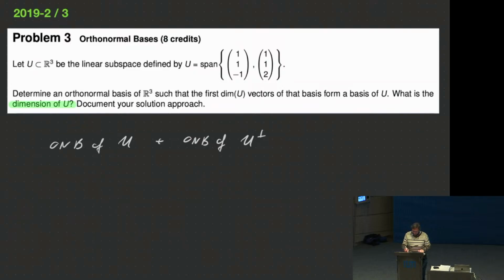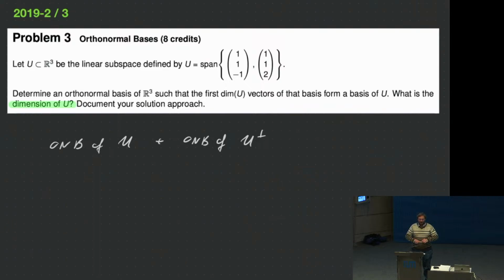All right, now my intention with this problem was the following easy solution. If you look at those two vectors closely enough, you can hopefully see that the scalar product is 0. Right? 1 plus 1 minus 2, that's 0. So those two vectors are orthogonal already. That means for an ONB of U, it's sufficient to just normalize those two.